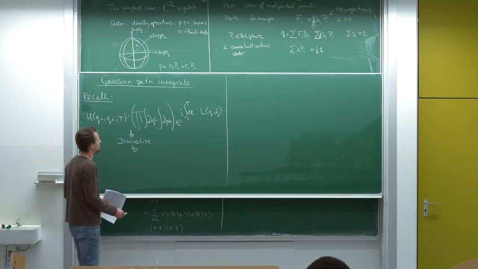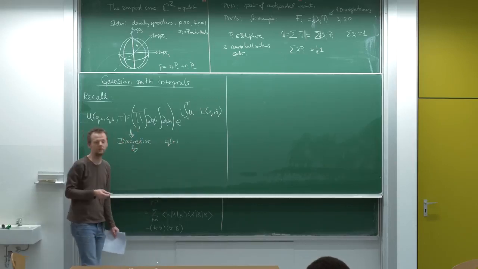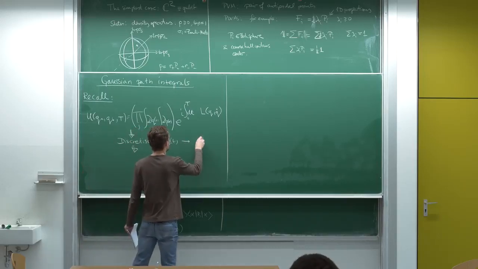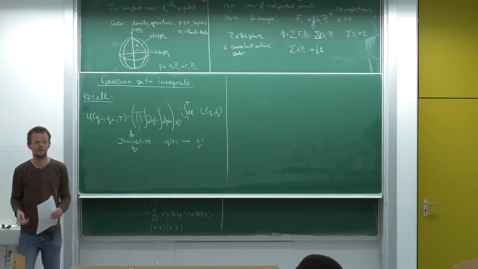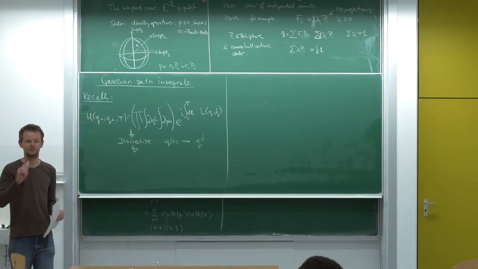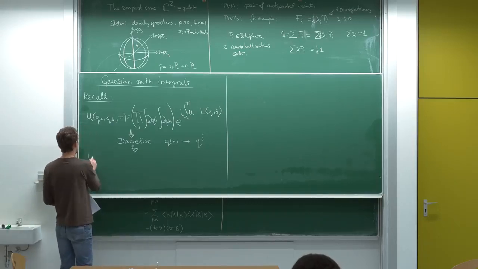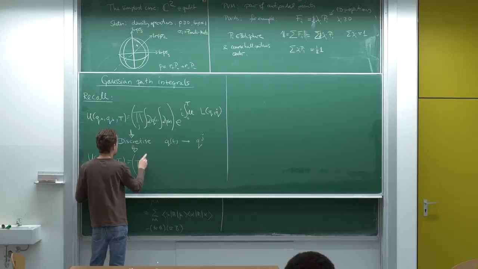So the first step is to discretize this continuous variable q of t into some discrete variable qj. So you take continuous paths and you replace them with discrete paths. And then you use a formula that does work, namely the one we derived before, I wrote down this formula in the previous lecture.